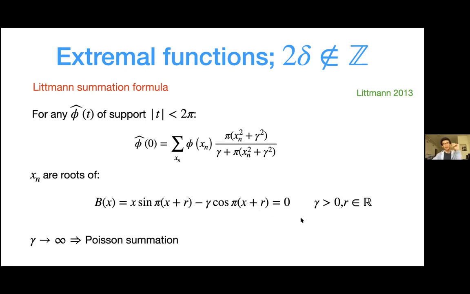Gamma here is any positive number and r is any real number. If you take gamma to be very large, you actually recover the Poisson summation formula, because only the second term will be important, the xn's will be just integer spaced points, and the prefactor becomes 1. But this formula is more general.